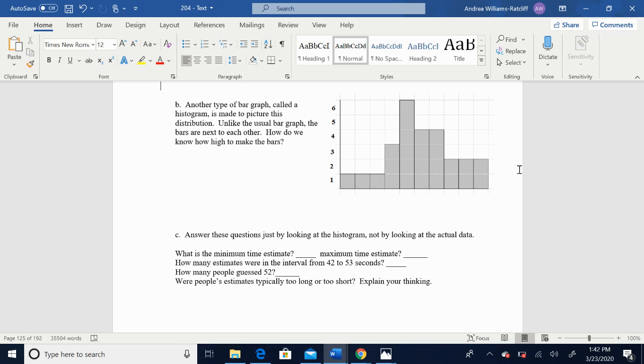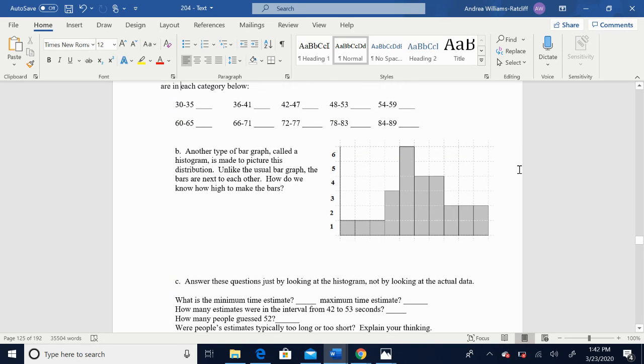Okay. One question often gets asked about histograms. Since the bars do touch, students are often confused about how they break up the numbers for these intervals. If I were labeling these, we would start out with this one as 30 to 35, the next one with 36 to 41.